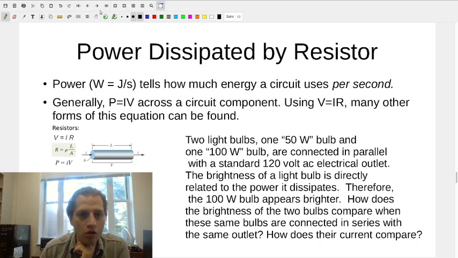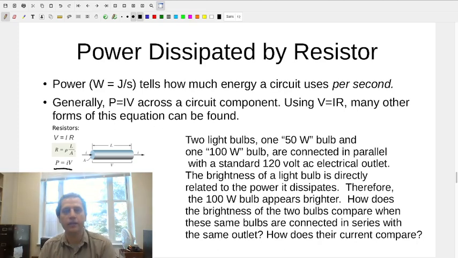Okay, so the P equals IV equation for a resistor, power is in watts, which is joules per second. It's telling you how much energy is leaving your circuit per second.